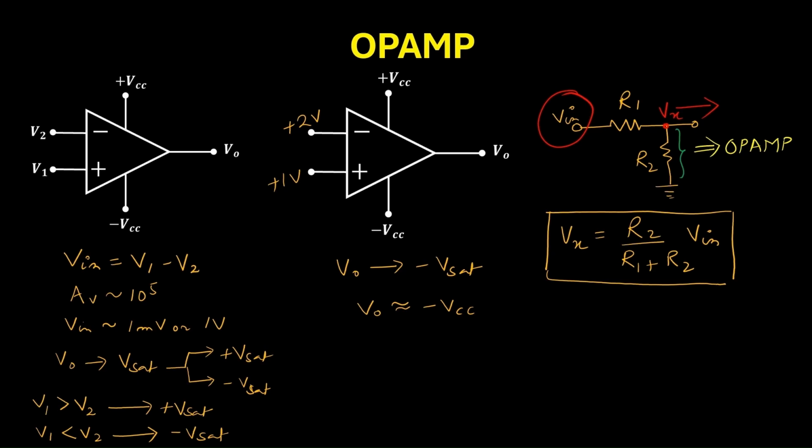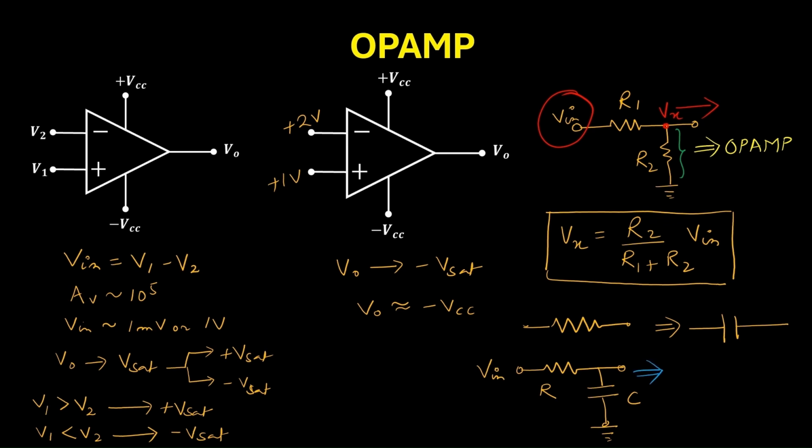Now, sometimes in the place of a resistor, they might use a capacitor. In that case, let's say I will just draw an example here. One resistor here and one capacitor here, and let's say this is grounded, this is R and this is C. This is the input, but this is fed to OPAMP.